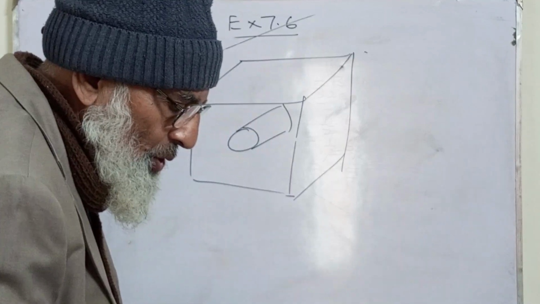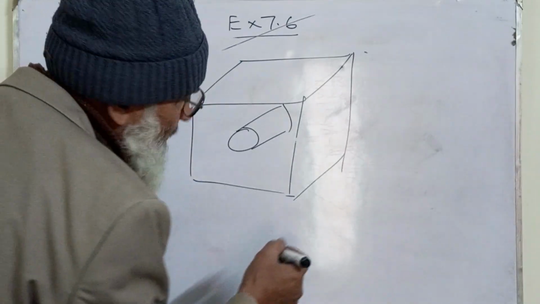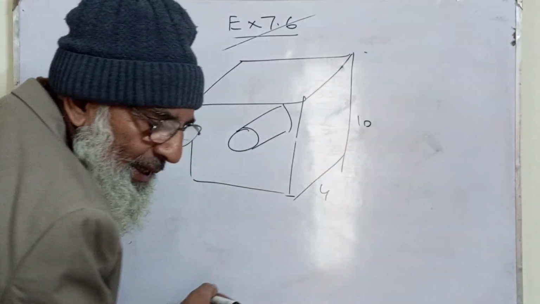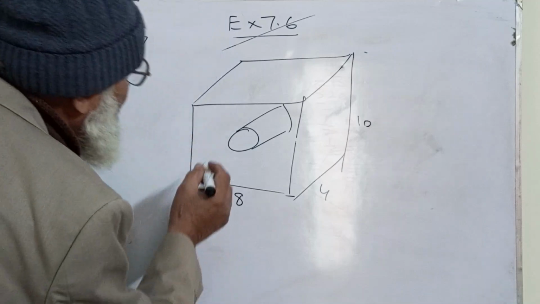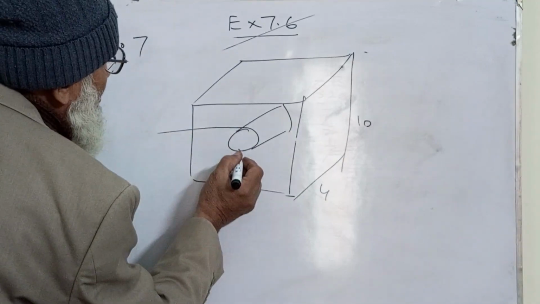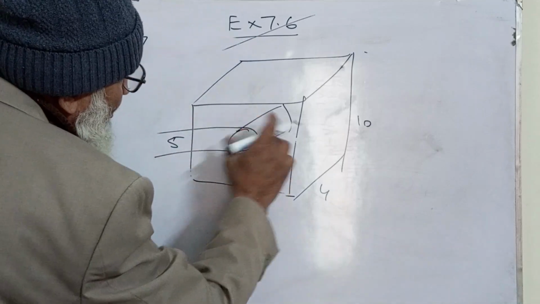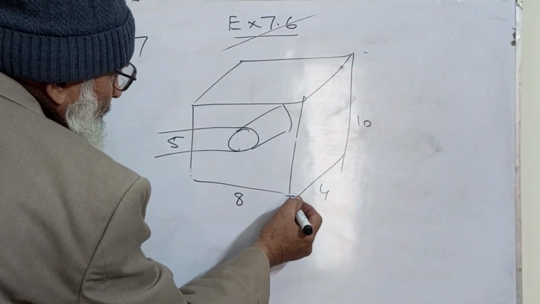Now this is very easy, my dear students. Don't be afraid of what has been given to you: 10, 8, and the diameter is also given, it is 5. And the length is 4 centimeter.